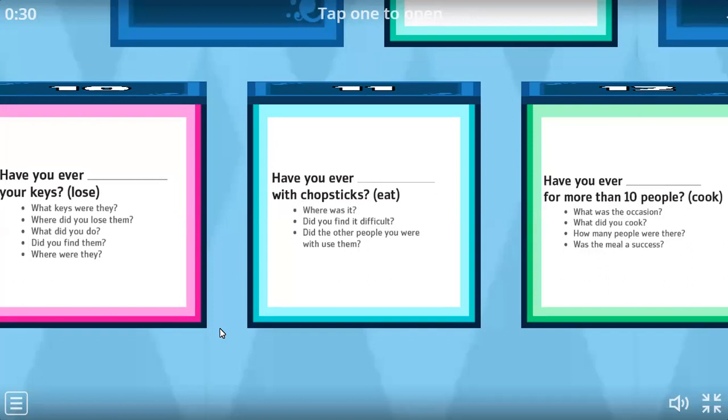Yes, I have. When was it? It was in La Gran Vía a couple of months ago. Did you find it difficult? Really, no. I thought it was very difficult, but it wasn't. Did the other people you were with use them? No, I was the one that used them. Thank you.